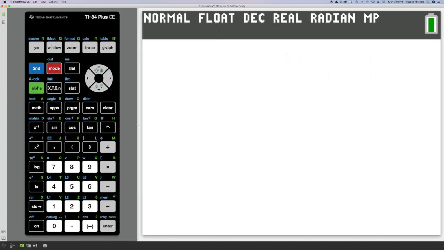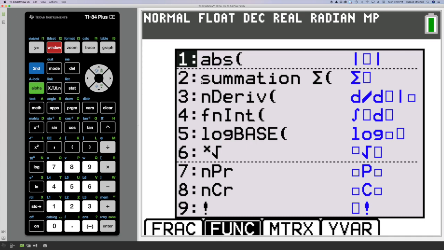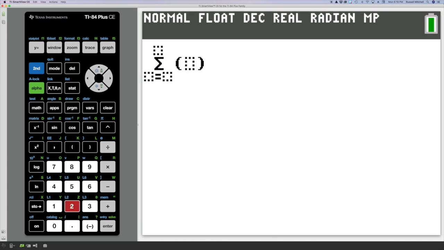All right, so to add the first 5 terms of a series, I don't believe I've shown you guys this. You press alpha window, and then number 2, it's the summation. Okay, and because we're in sequence mode, this is not going to be x, it's going to be n.